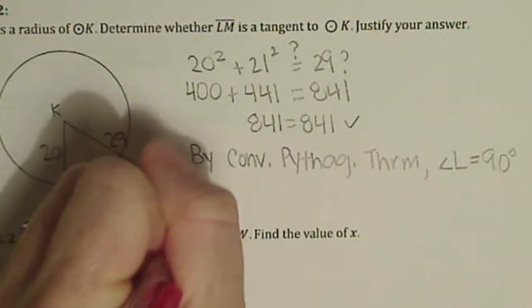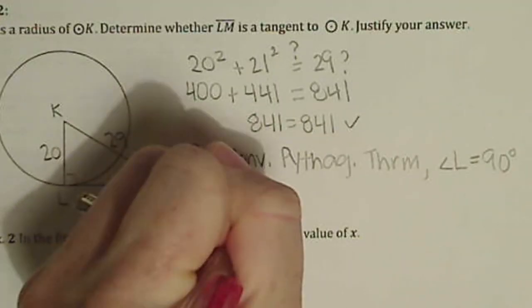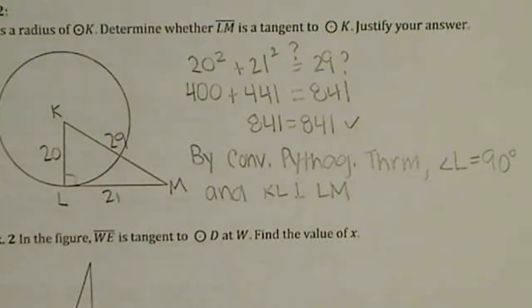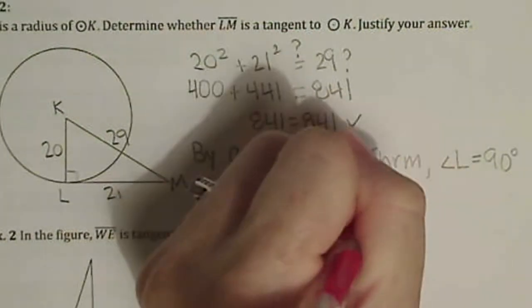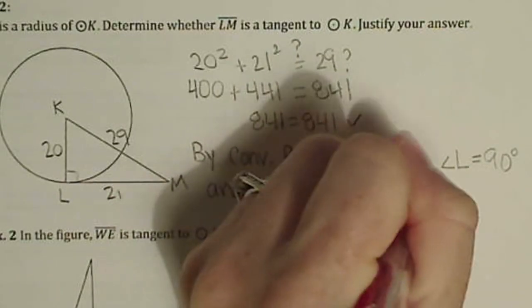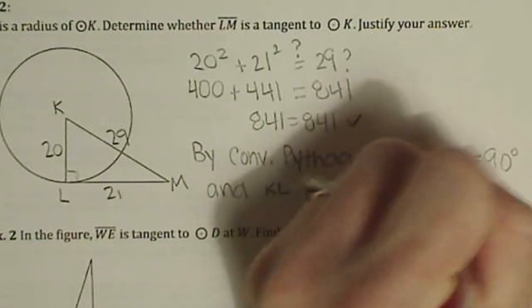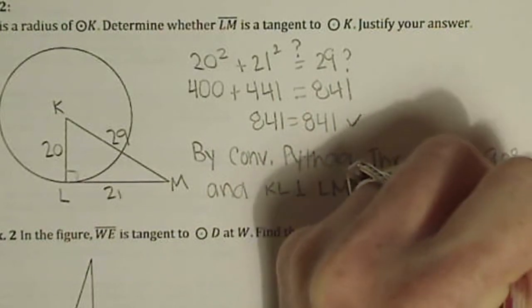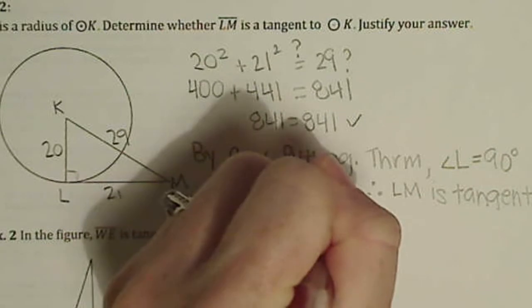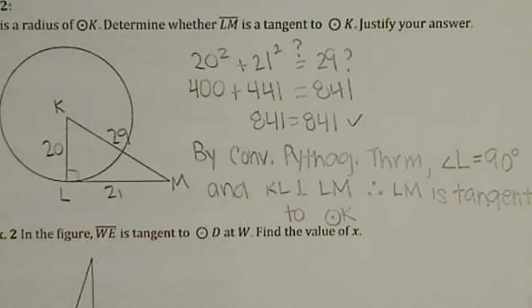Which means that KL is perpendicular to LM. Therefore, LM is tangent to circle K. Okay.